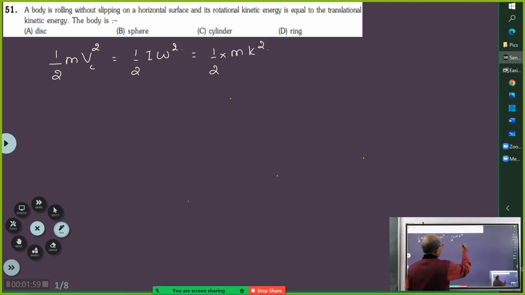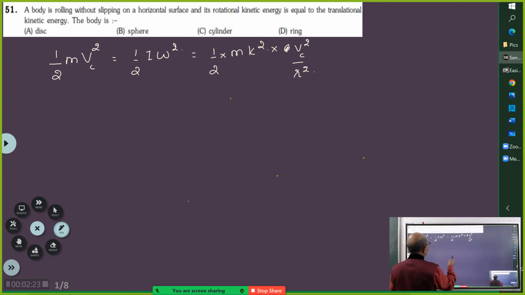V by r. Yesterday I proved this, isn't it? Vc square by r square. Because they have told a body is rolling, it should have a circular shape. It can be a ring, a disc, a cylinder, or a sphere. So I can take the radius of that as r square.